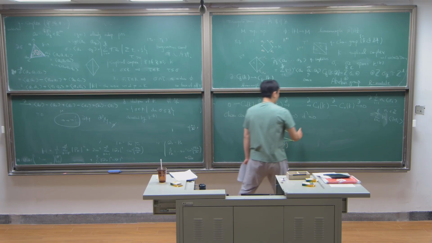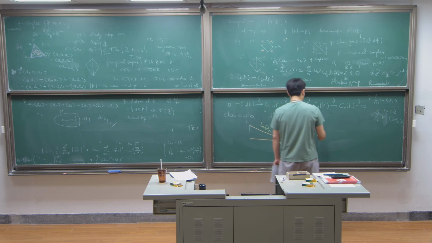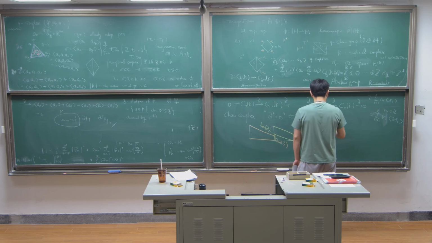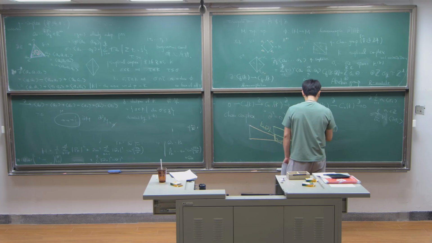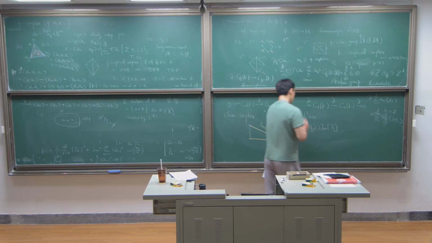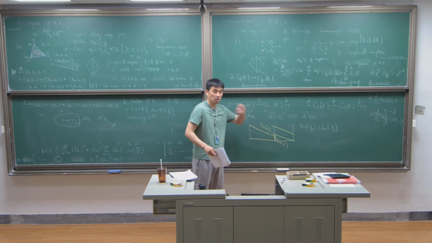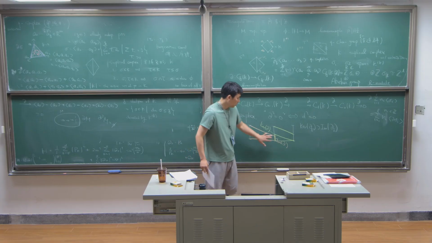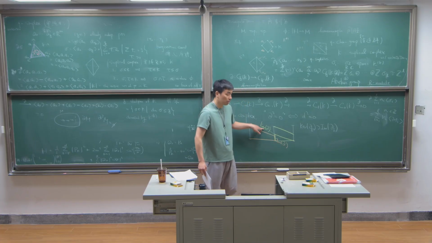So therefore, the kernel of the boundary always contains the image of the boundary, because the boundary squared is equal to 0. Okay. So the image of a boundary is contained in the kernel of the boundary because of this condition.